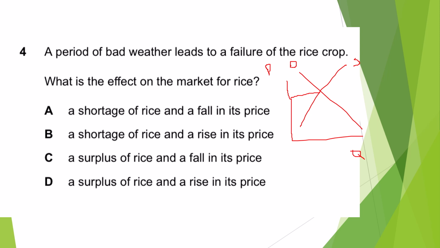That is known as shortage. Due to weather conditions, supply is going to fall. When the supply falls, the prices are going to rise. So there will be a shortage of rice and the prices are going to rise. So B would be the appropriate answer for this MCQ.